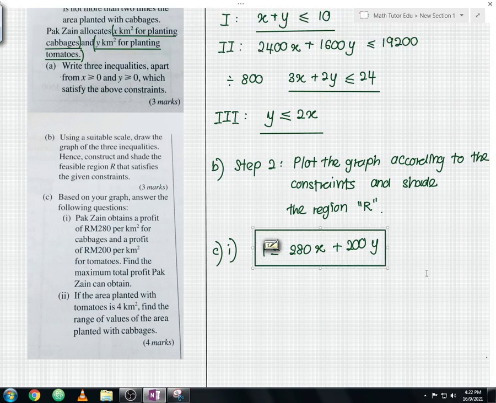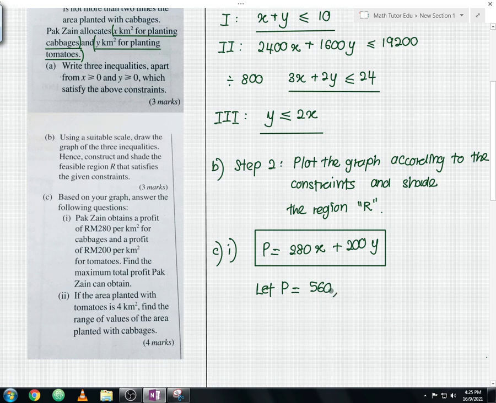For the next step, we're going to assign a number for P. To assign a number for P, you have two options. You can assign any number you want, or you can use the LCM method. In this case, I'm going to assign P equal to 560.